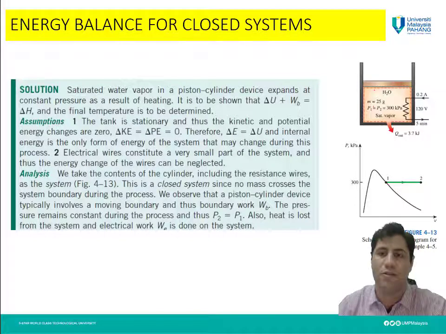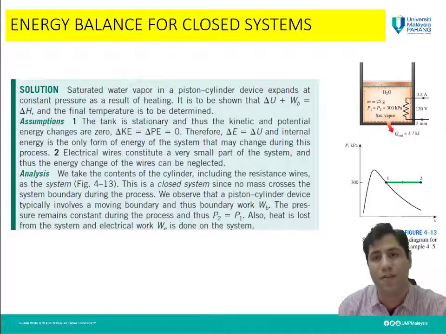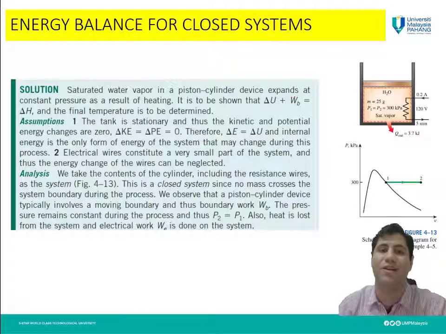And because this piston can move, in other words, there is a hint: we have a constant pressure process. In other words, we don't have any resistance to the movement of this piston. If it was not a constant pressure process, this piston would be fixed, and the work which comes to the system would try to expand the gas, which is water vapor here, but due to the resistance, it would increase the pressure.